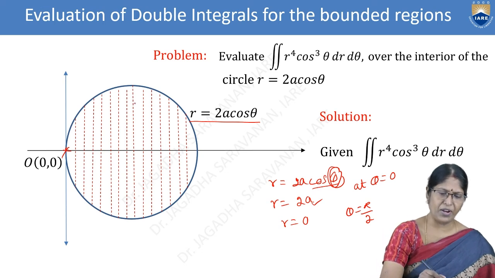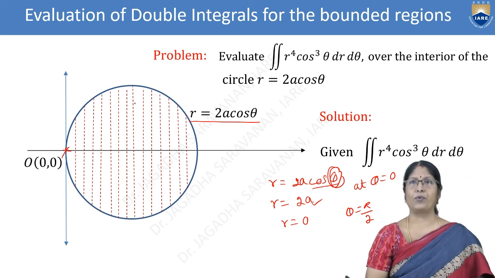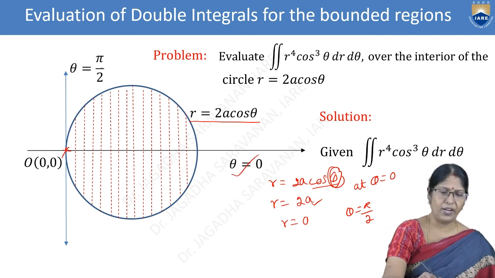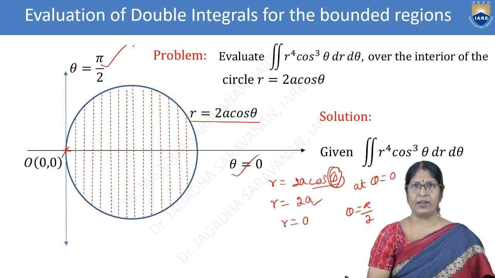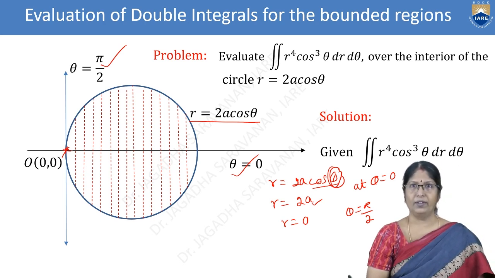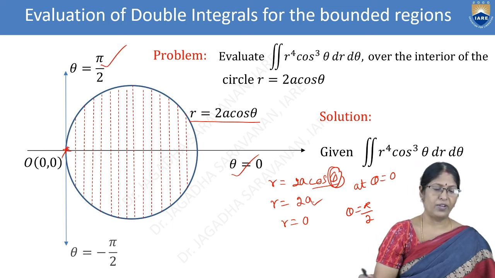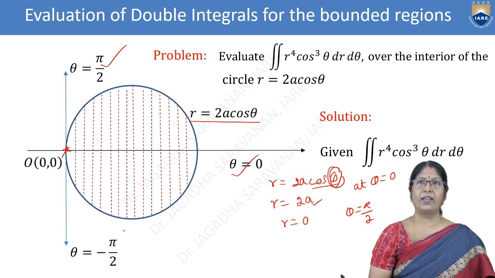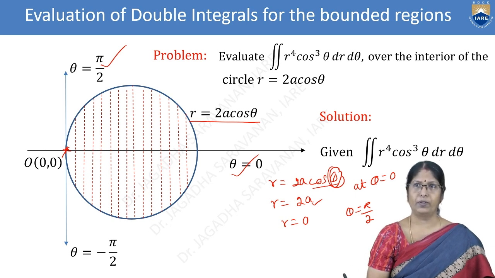This is the interior region we have to find. Theta equal to 0. When theta equal to 90 degrees, it touches here. When theta equal to pi by 2, this is automatically minus pi by 2 on the other side.